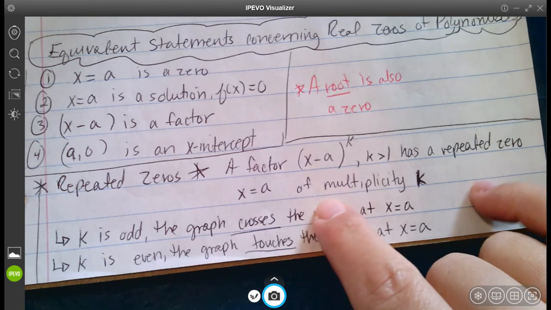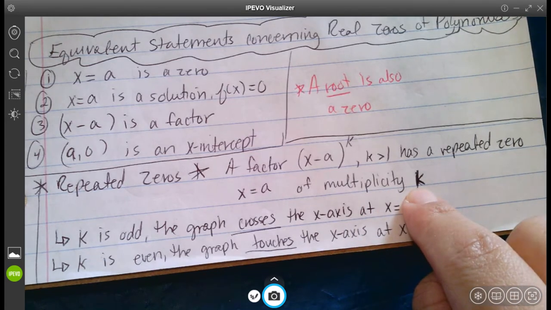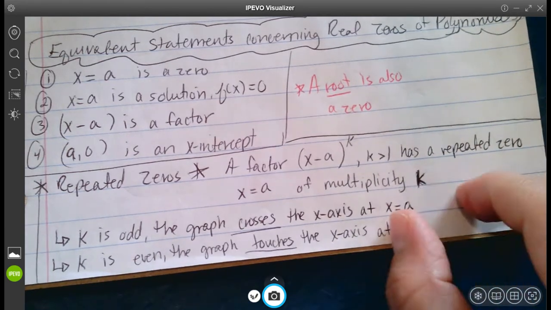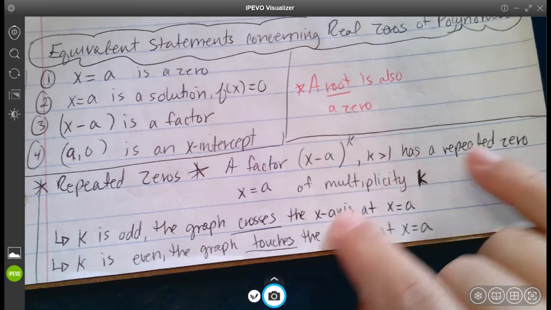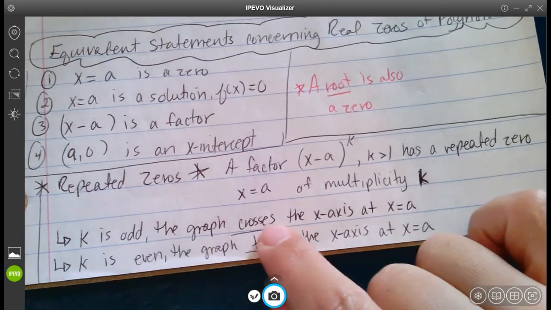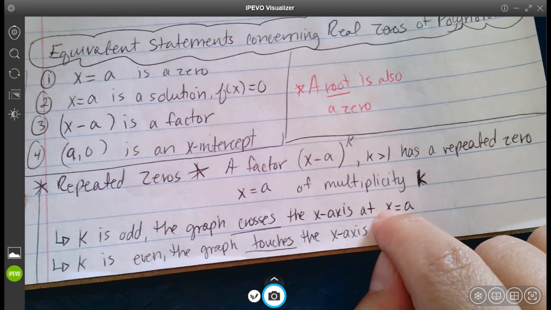When this happens, you have a multiplicity of whatever that number is. So for the example I just gave, x plus 2 times x plus 2, the multiplicity would be 2 because there are 2 of those parentheses. If k is odd and this happens, the graph crosses the x-axis at this point. So it doesn't really change it too much.